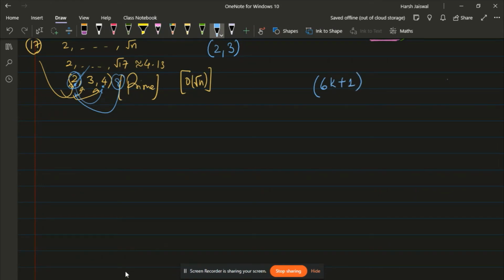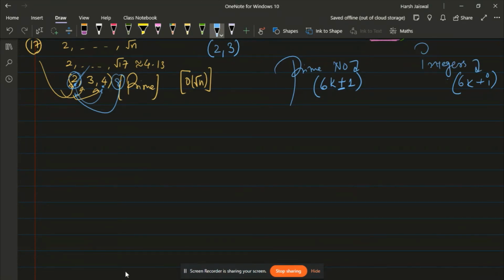This is the property, because all the integers are of the form 6k plus i, where i goes from minus 1 up.